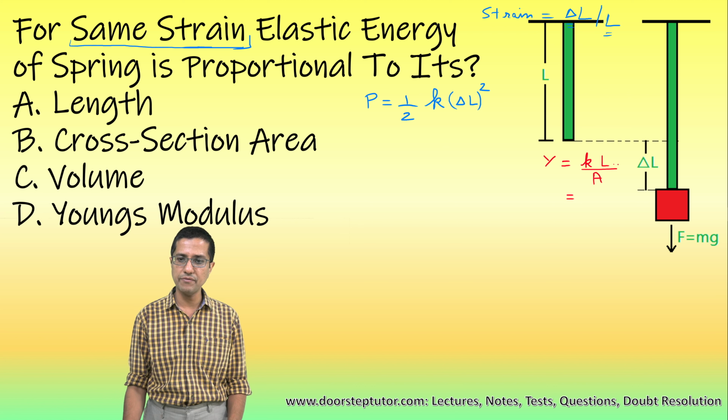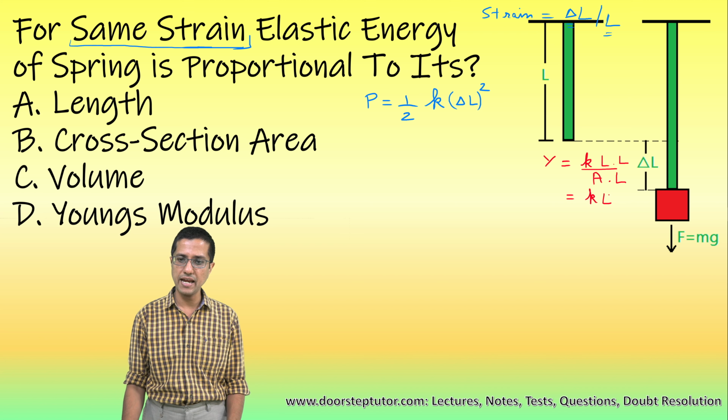We multiply both the top and bottom with the length, and this becomes K L squared divided by length into area. This is just volume.